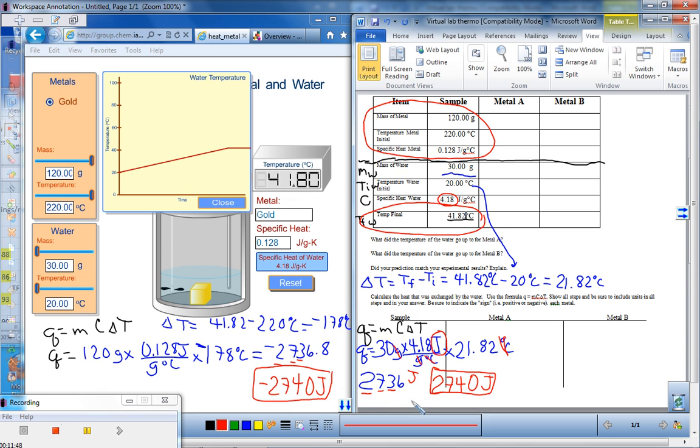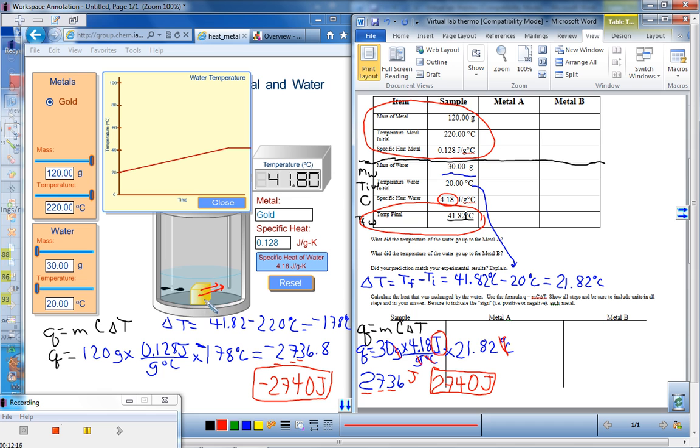Now let's compare these two numbers. They are exactly the same except one is negative. So the idea is the heat that goes into the water came out of the metal. So it's like it came out of the metal and then went into the water, and that makes complete sense because the water started off at 20 degrees.